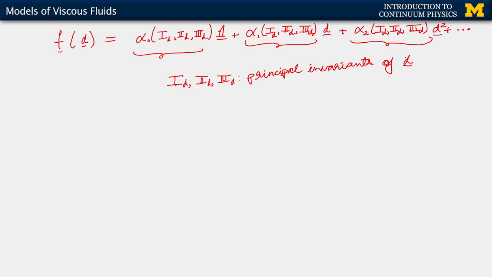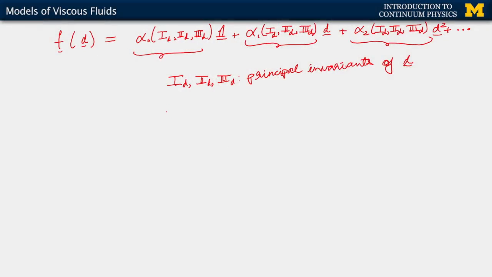Why do they have to depend upon them? Well, the reason is that if they did not depend upon the principal invariants but depended upon some other functions of d, then you have the possibility that when you apply rigid motions upon the current configuration, those functions will not be constant. Okay?